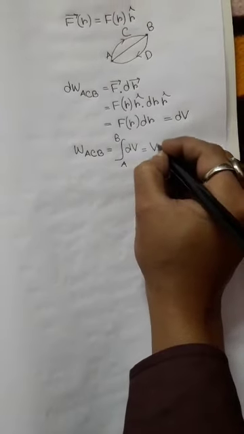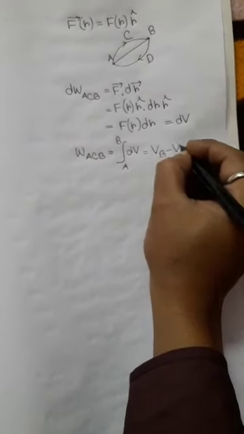Now this can be written as Vb minus Va. So simply we can say that the amount of work done directly depends upon the initial and final positions, that is Vb minus Va, since V is a function of r only.